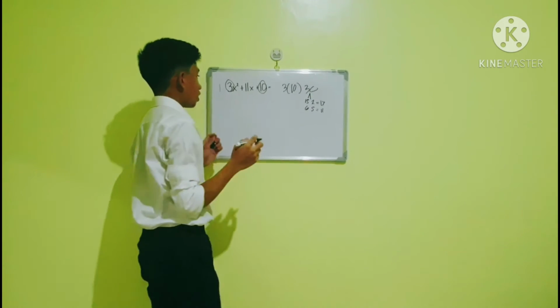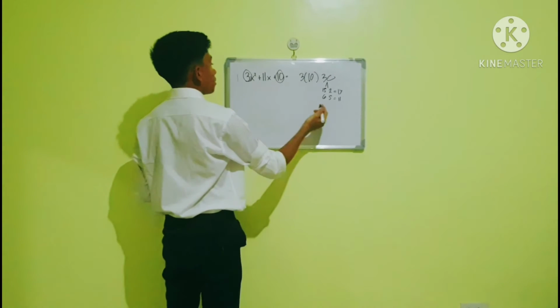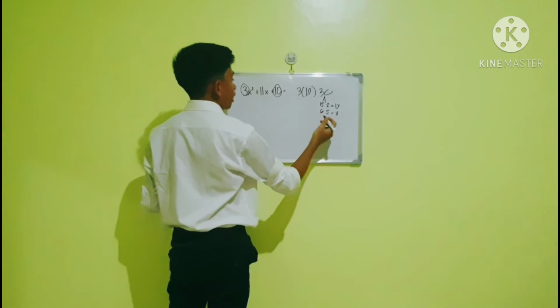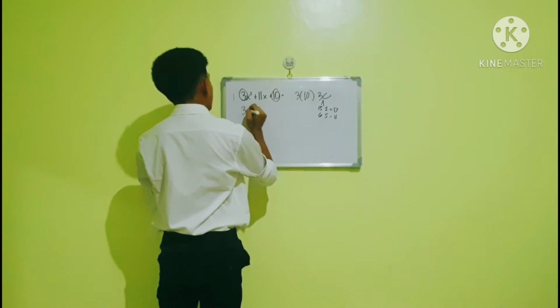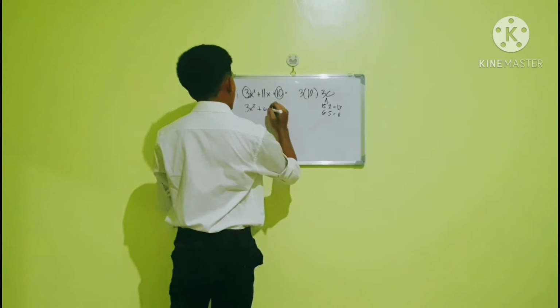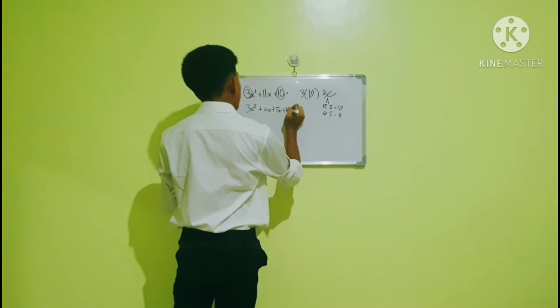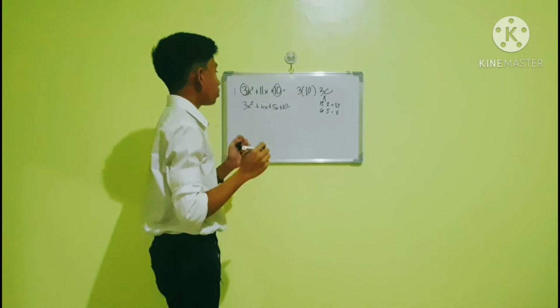Now, the next step is to change the middle term to the numbers that you got. So, 3x squared plus 6x plus 5x plus 10.